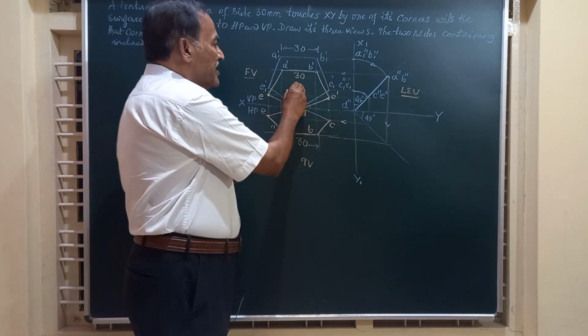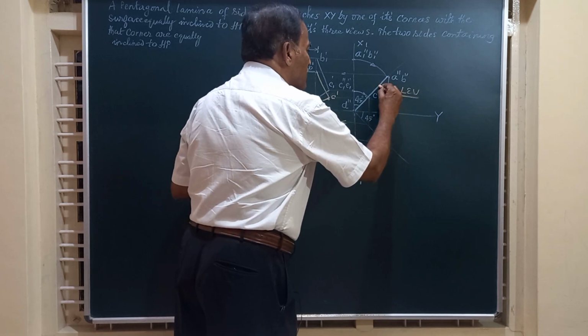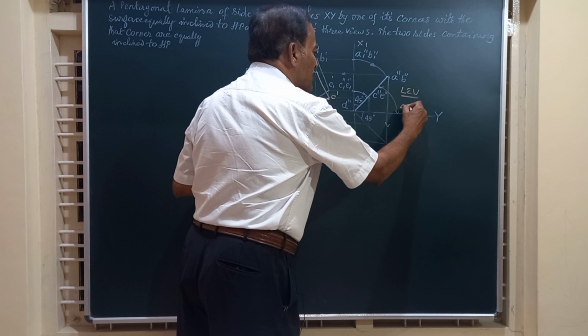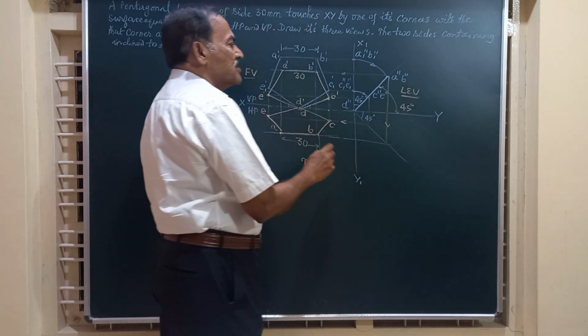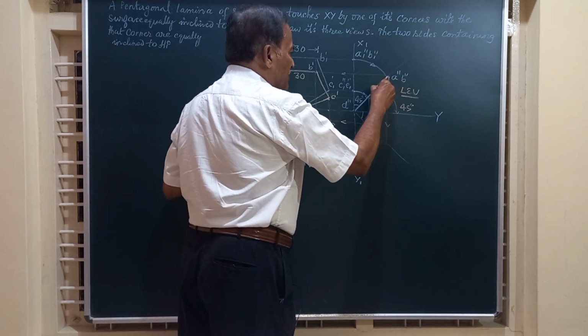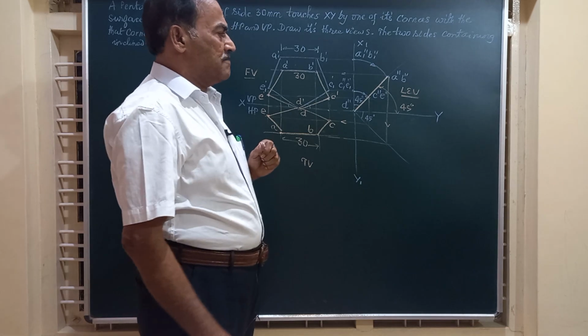They will have the same dimensions because the surface is making equal inclination of 45 degrees with both HP and VP. So this is how we have completed the complete projections of the pentagonal lamina.